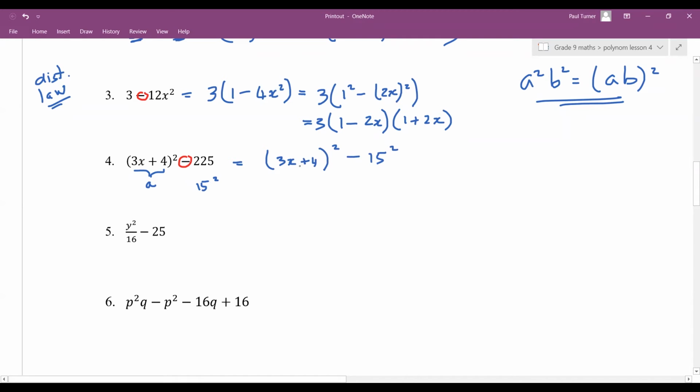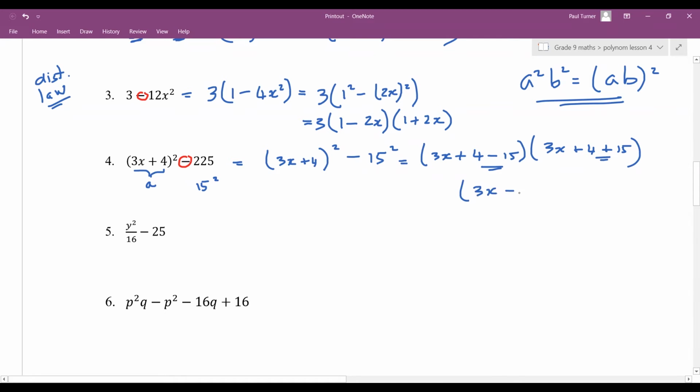So now you see you've got a squared minus b squared. So that would be 3x plus 4 minus 15, and then 3x plus 4 plus 15. So almost finished, but now you have these numbers which can be simplified.